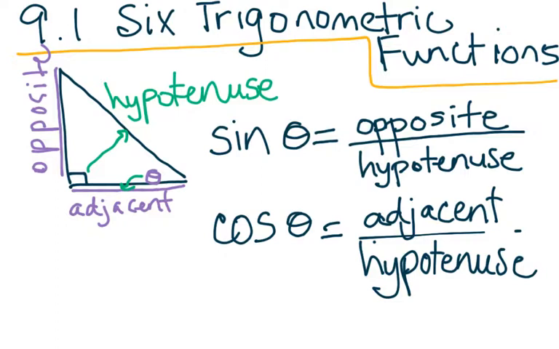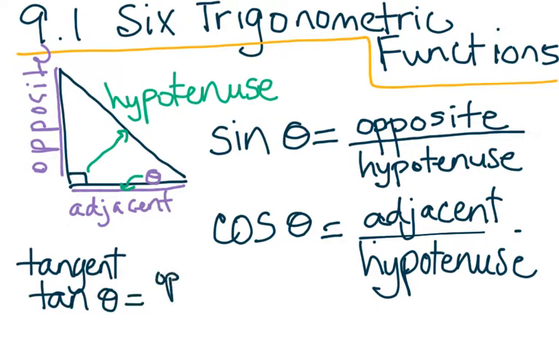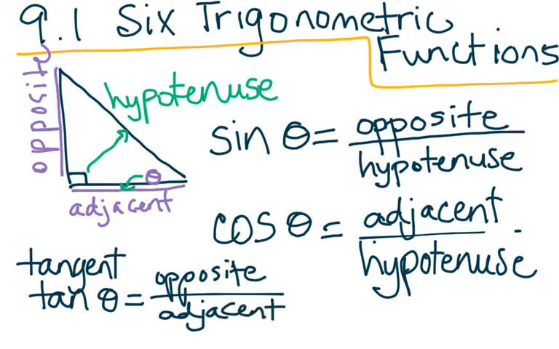The third one, because we're going to do 6 total, is called tangent. Usually we just write tan: the tangent of theta is equal to the opposite divided by the adjacent. These are the 3 basic, most important ones. I'm going to stop here for a second and give you a chance to write them down.